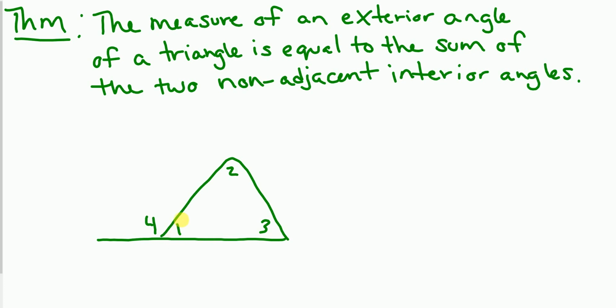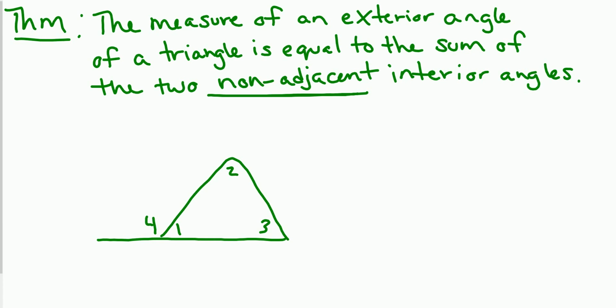So this triangle has 3 angles: 1, 2, 3. The two angles that are non-adjacent, meaning not touching the exterior angle, would be angle 2 and angle 3. They are not touching angle 4.